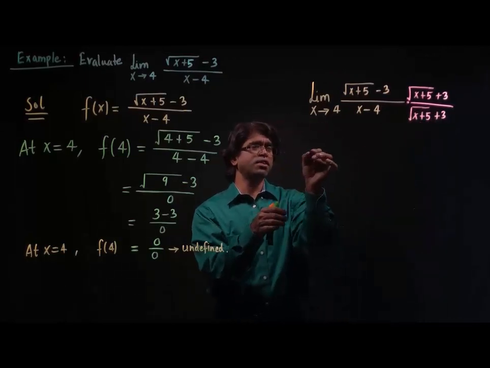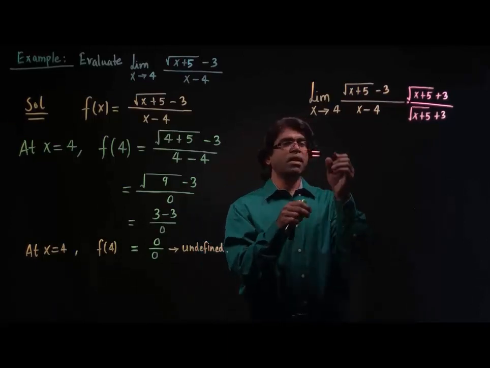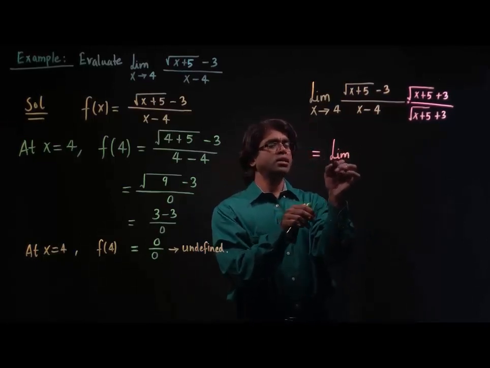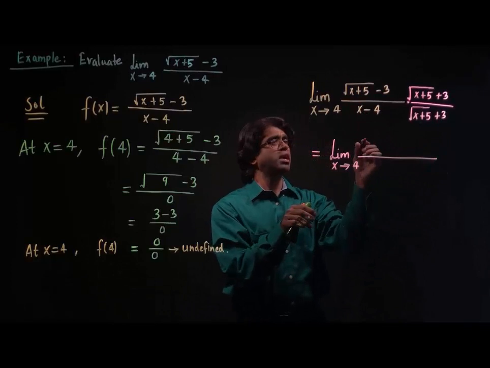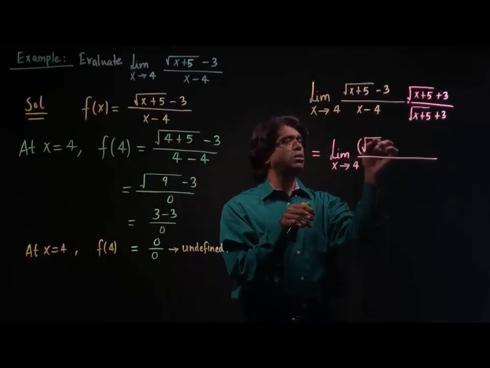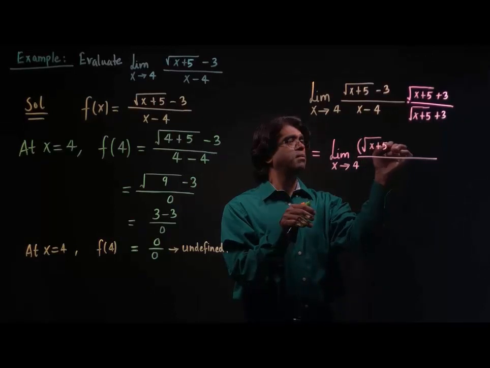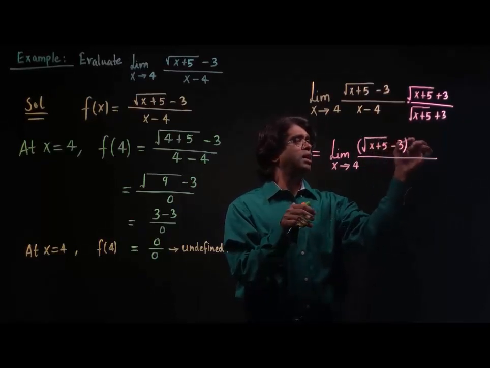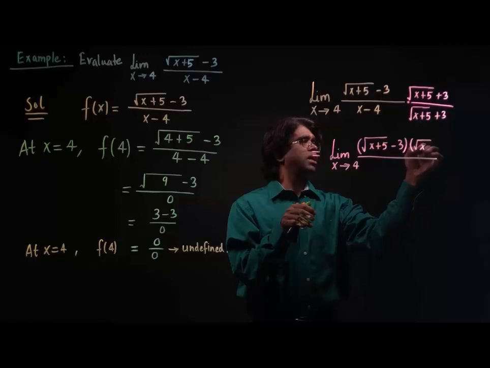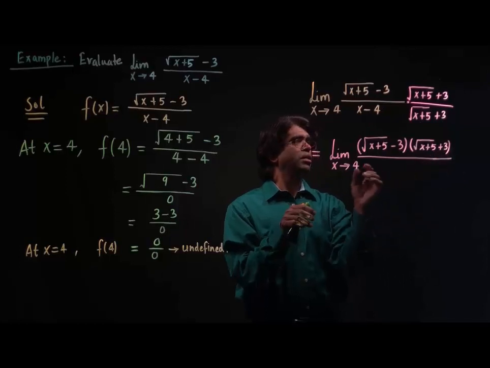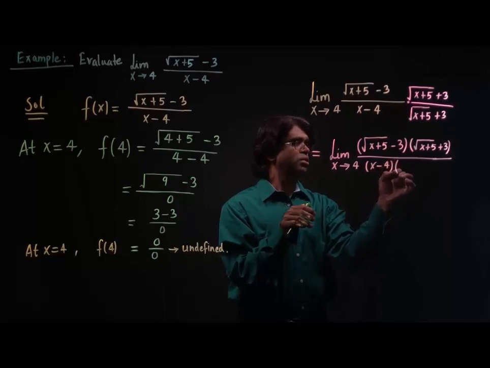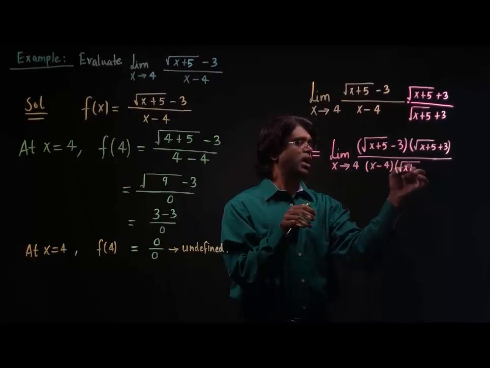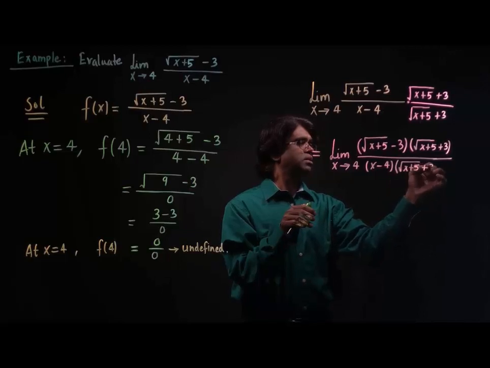Now let's simplify further. I write the limit as x tends to 4. My numerator is the square root of x plus 5 minus 3 times the square root of x plus 5 plus 3, over x minus 4 times the square root of x plus 5 plus 3.